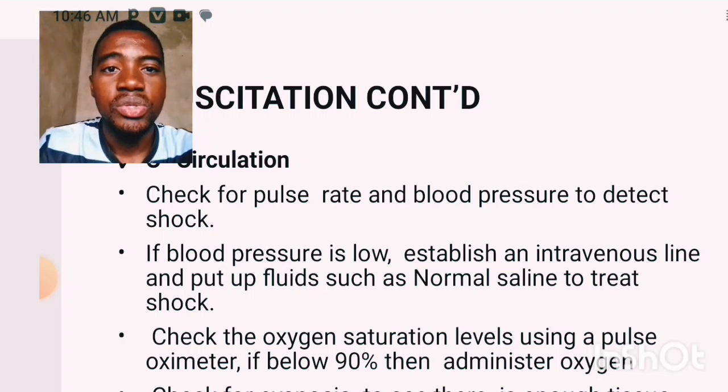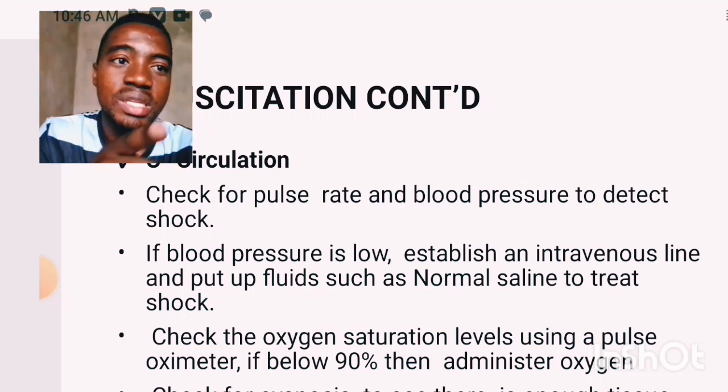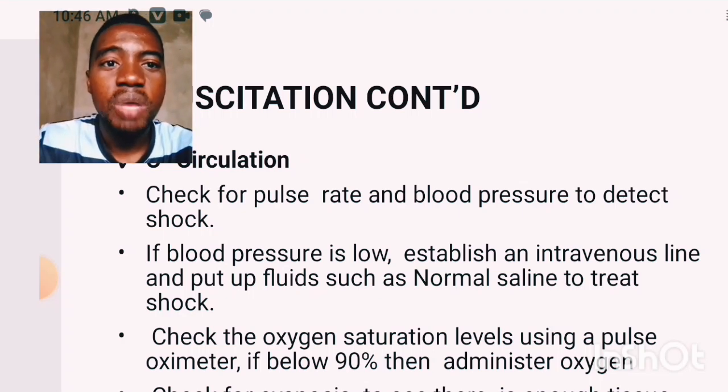For example, on the second bullet, you don't start with I will, but you write if blood pressure is low, and then you write I will establish an intravenous line and put up fluids such as normal saline to treat shock.